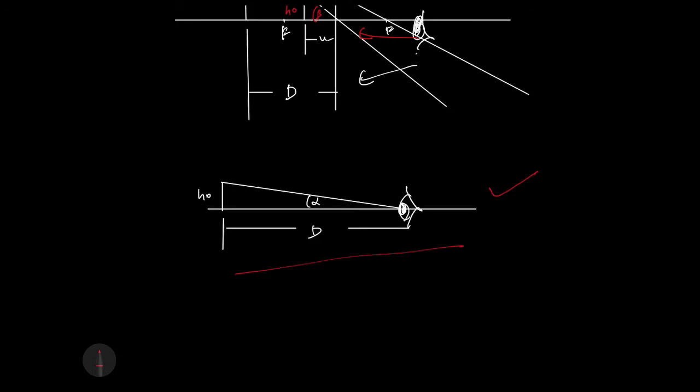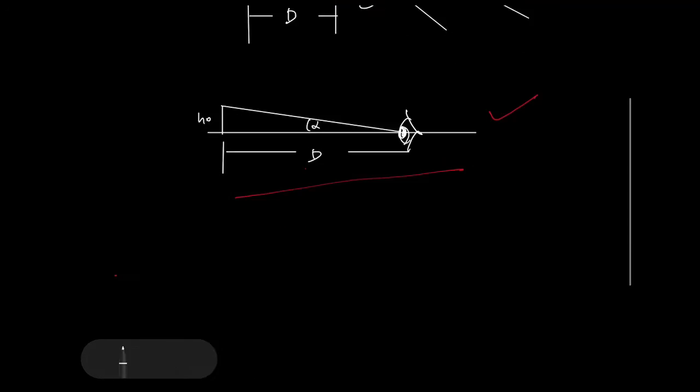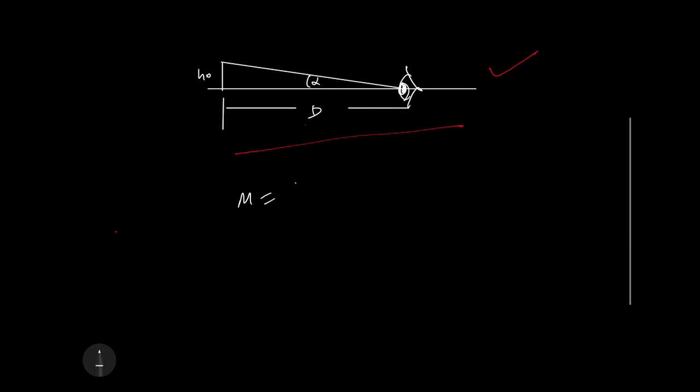That is the visual angle subtended at the unaided eye by the object, and the object is placed at the least distance of distinct vision. So now we know that magnification is beta by alpha.